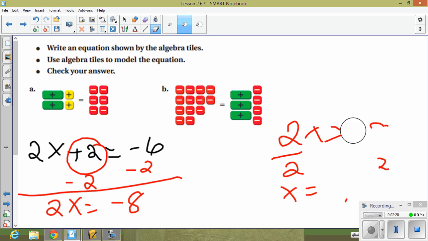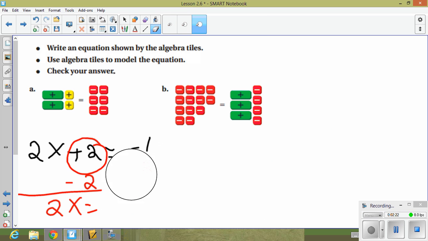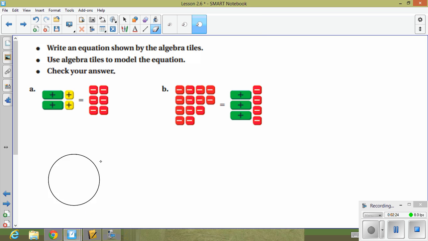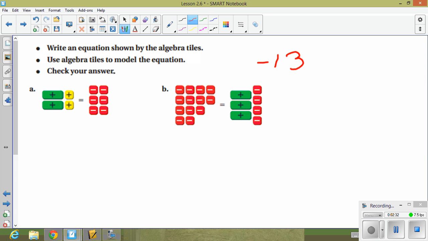Okay, next, we're going to do example B. In example B, I have negative 13 is equal to 3x minus 4. Okay, remember these green pieces here are the variables.